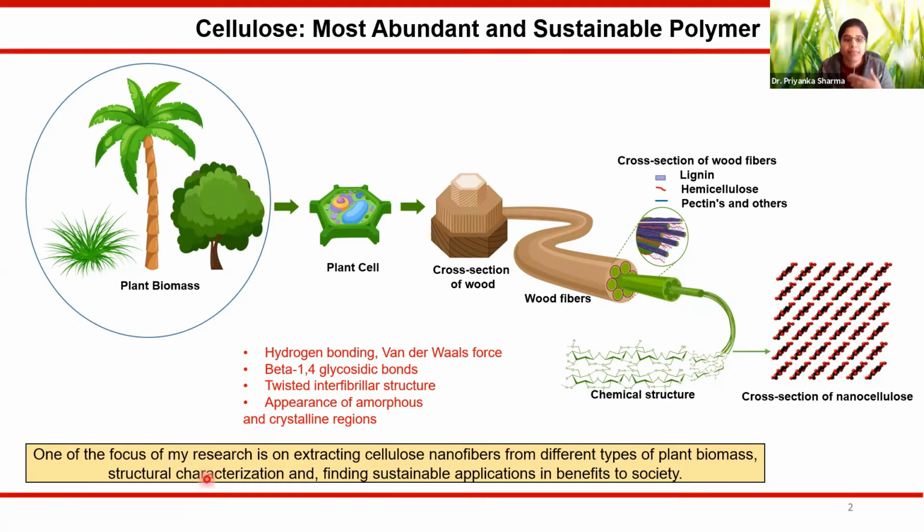One focus of my research is extracting these cellulose fibers from different types of plant biomass, or plant biomass waste, and finding suitable applications for the benefit of society. One application which I am focusing on is water purification.